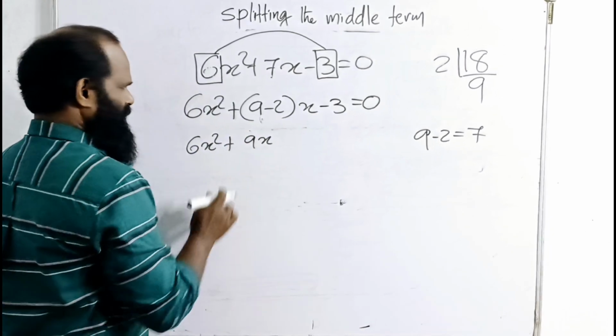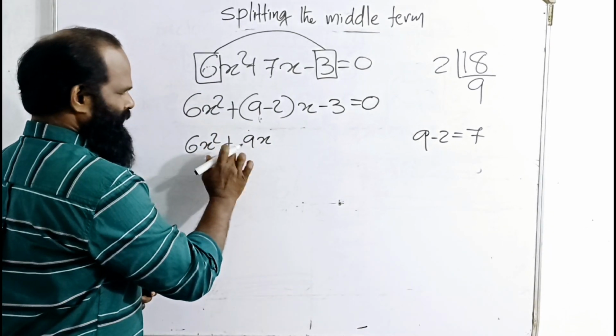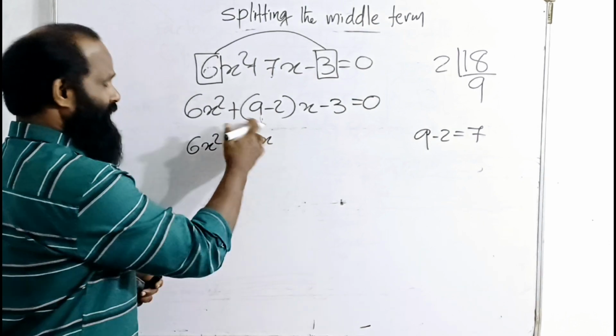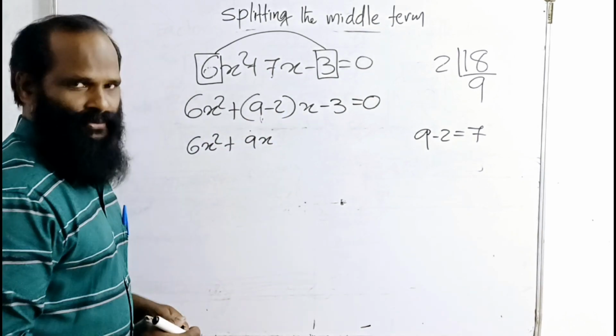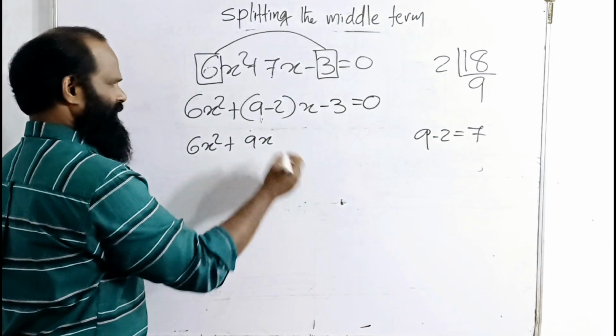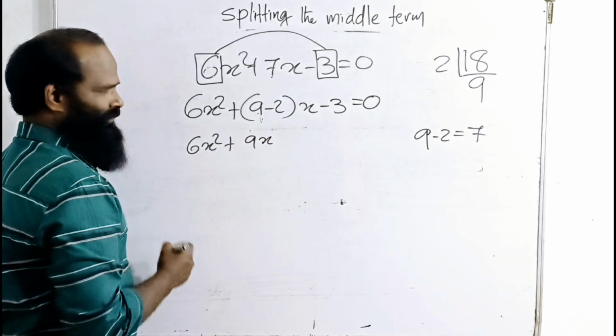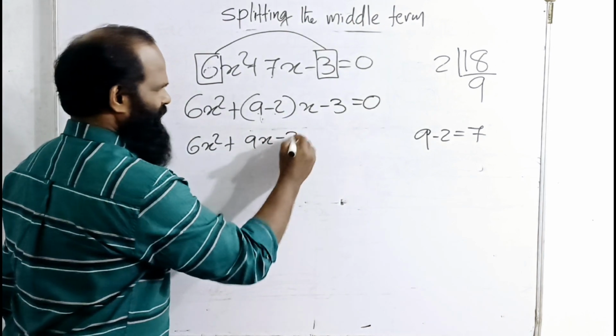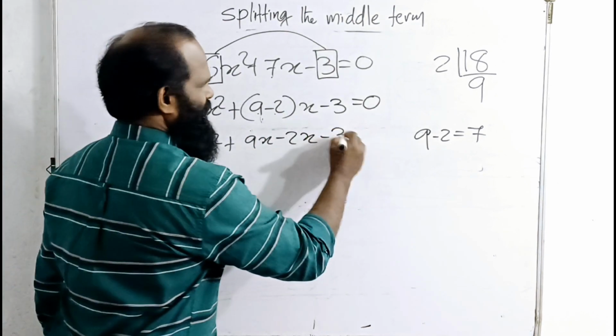Only when the sign here is minus, we need to put a bracket over there. Since it is plus, we shall straight away write it without a bracket. 9 into x, 9x. Negative 2 into x, negative 2x. Negative 3 is equal to 0.